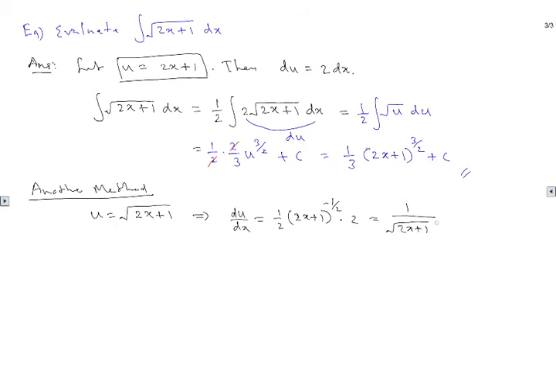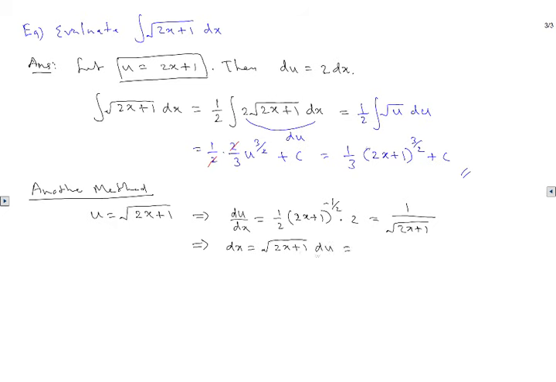Okay, so in other words, du equals what? You get dx equal to the square root of 2x plus 1 times du.